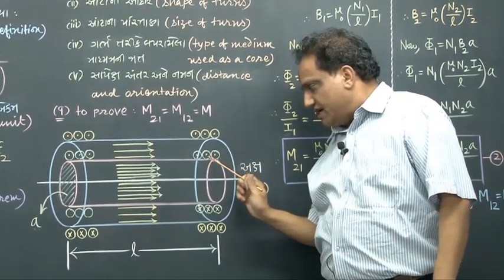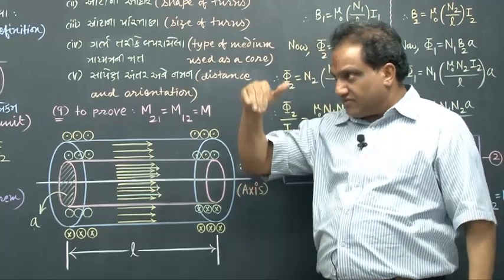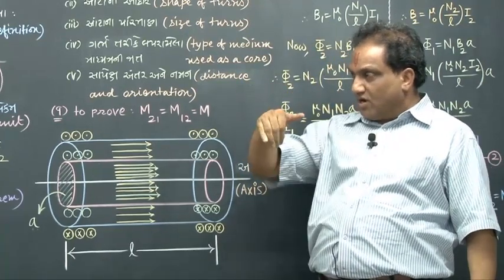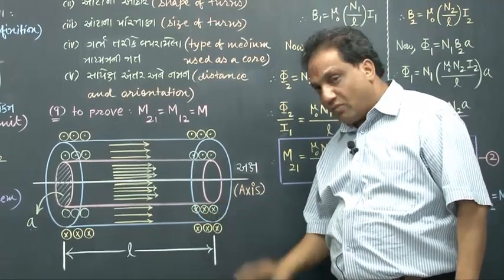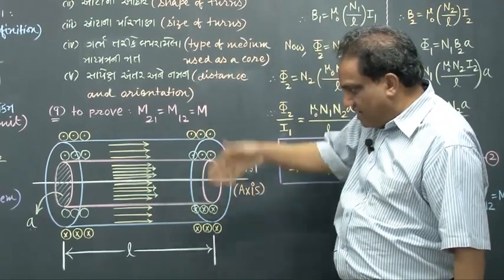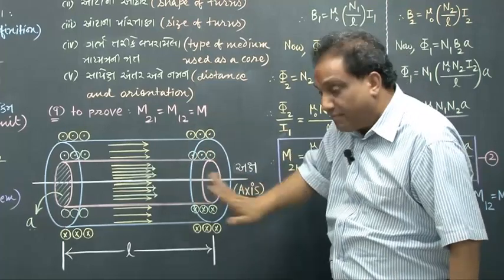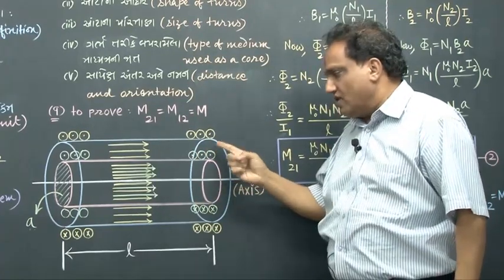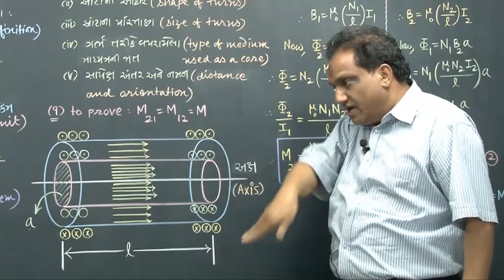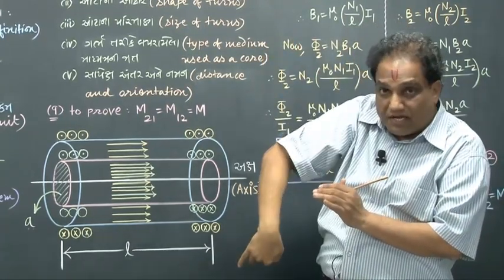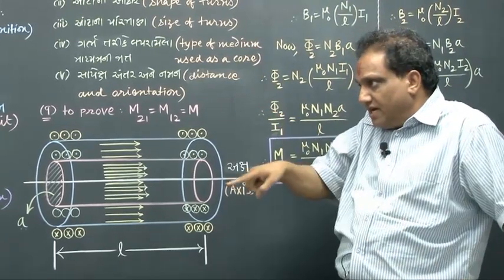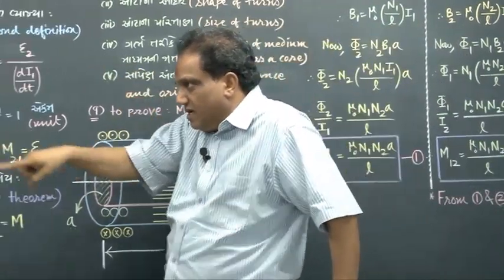These dots indicate those turns which are coming out perpendicularly from the plane of the figure. And these cross symbols indicate magnetic field lines entering the plane of the figure perpendicularly. Dot for coming outside, cross for going inside. From the upper side they are coming out, from the lower side they are going inside. Winding is made this way.